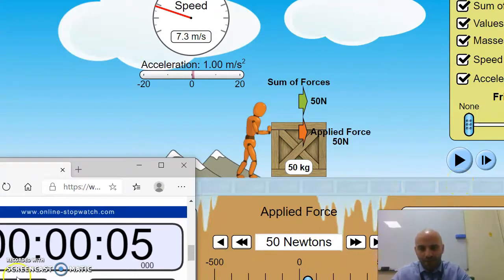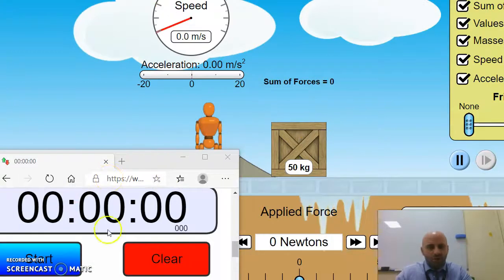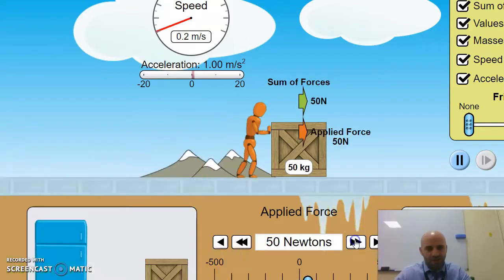Okay, what I've done here is I've just reset the stopwatch to just a counting timer. So I'm just going to start it now. I'm going to wait until it gets maybe 5 seconds, and then I'm going to hit, maybe I'll go from 10. So I have to apply the force for 5 seconds.